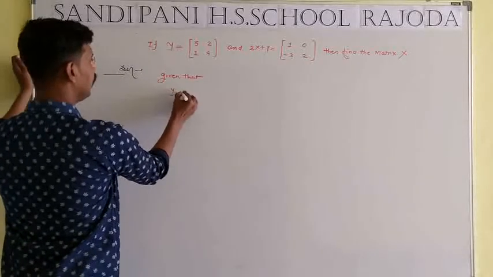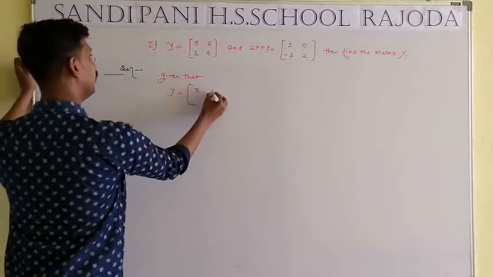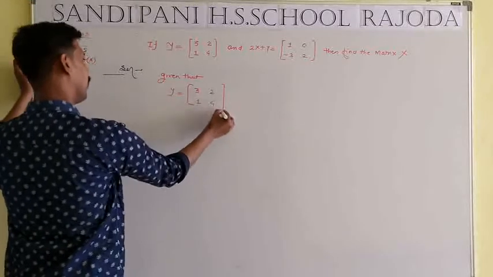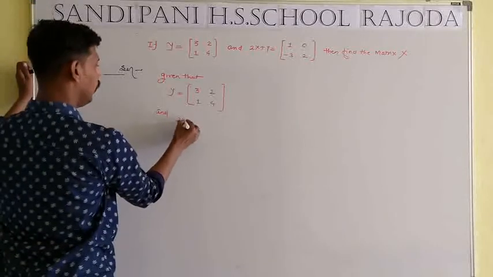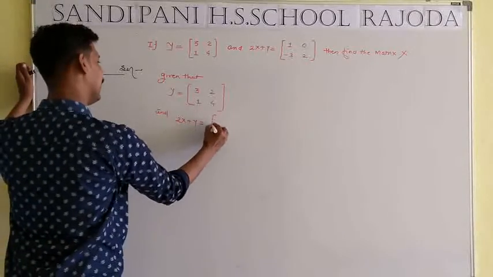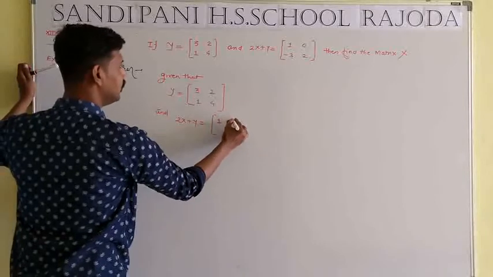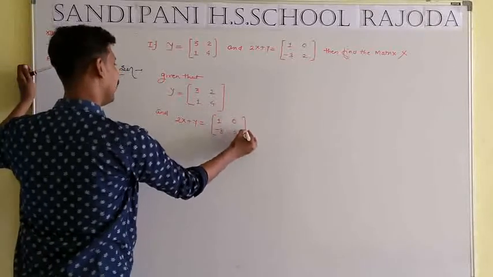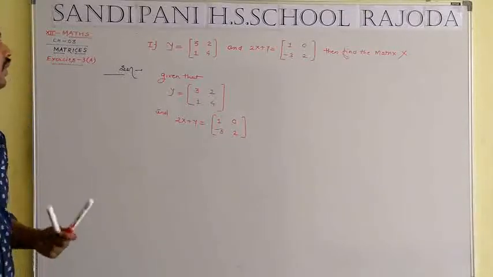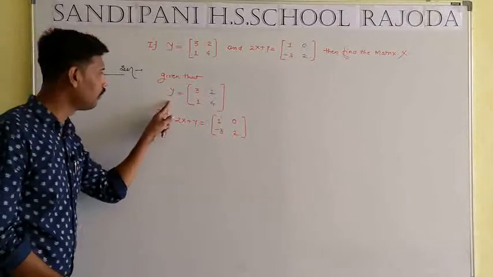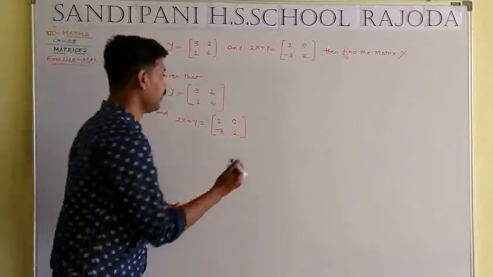y equal to matrix 3 2 1 4 and 2x plus y equal to 1, 0, minus 3 and 2. What will we do? Use your mind. What will we do? Put the value of y in equation number first.